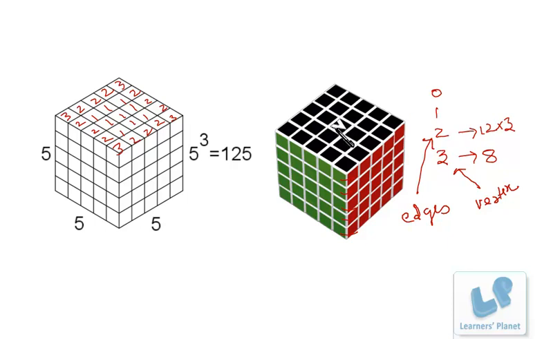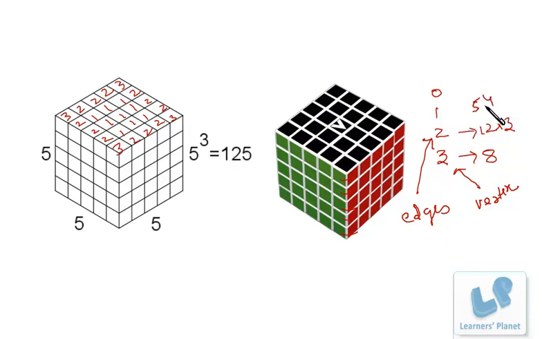Now faces: top, and so on, these are faces. Each face, just remove the left one, remove the right one, just take the center part, right? Just leave the 1 centimeter boundary. So in this case you'll get this 3 by 3 square from each face. So from each face you'll get 9 pieces, and there are 6 faces, so 9 into 6, 54.